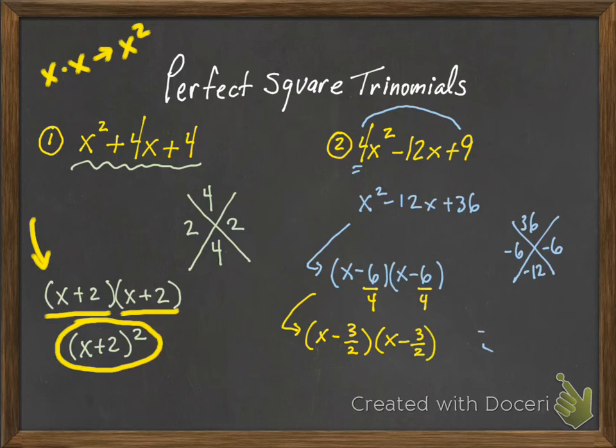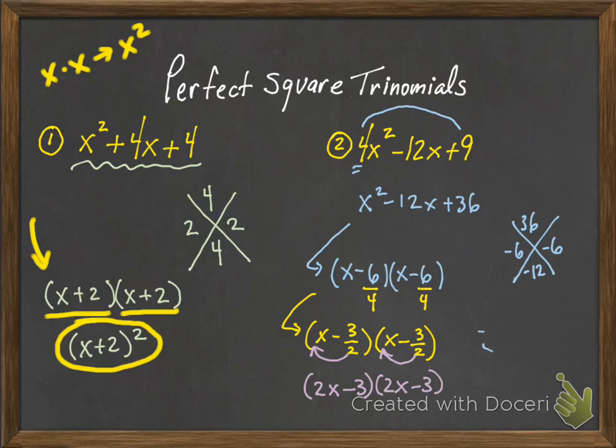Now, since 2 cannot go into 3 evenly, we take the 2 and put it out in front like we practiced, and the 2 over here we put out in front. So we get 2x minus 3 times 2x minus 3.